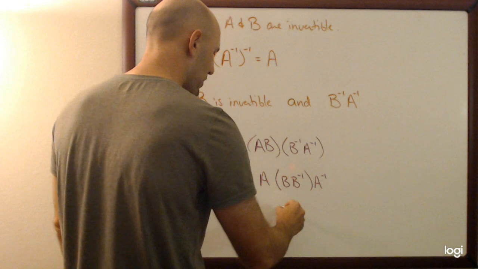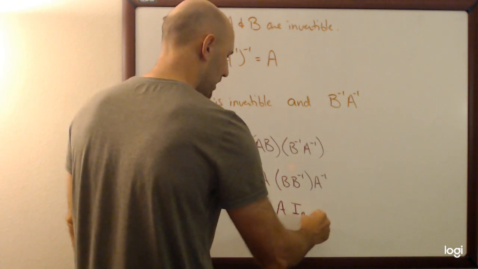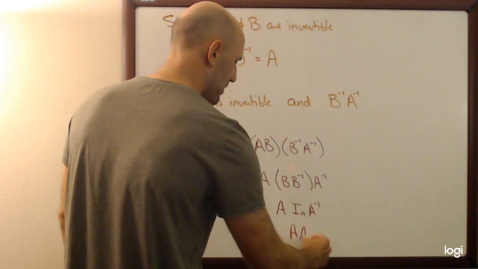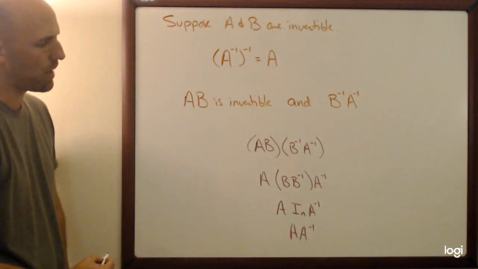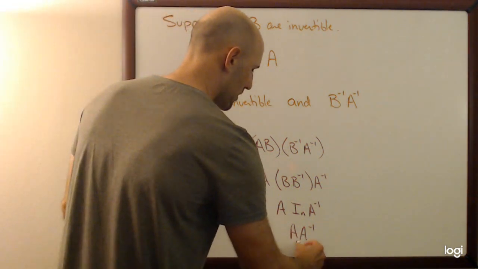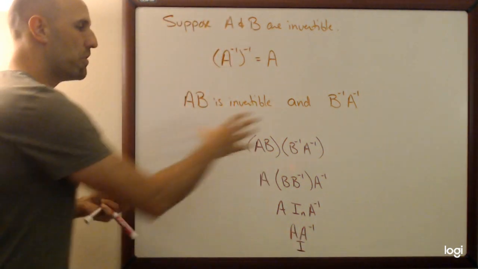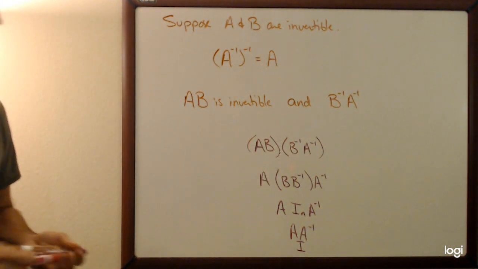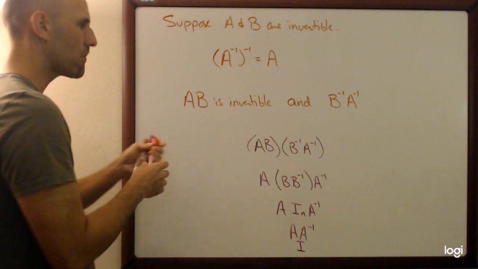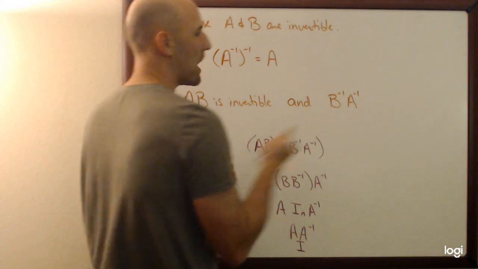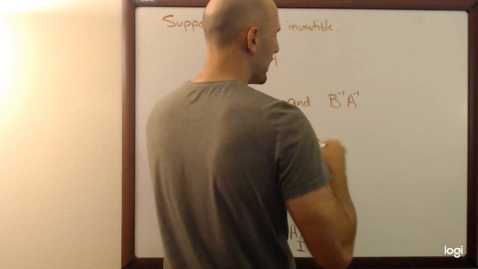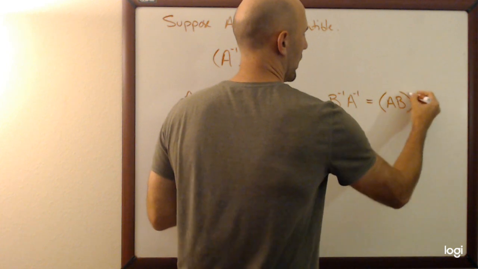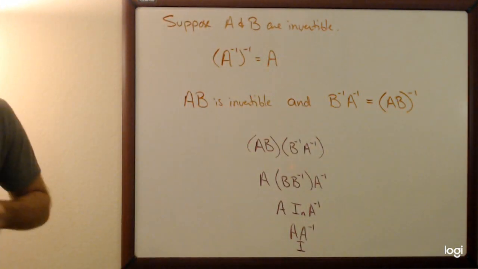B times B inverse, however, is just I. And I times either one of these matrices are themselves, which simplifies down to A times A inverse, which we know is also I. So this is the inverse for this one, right? So again, if A is invertible and B is invertible, then I know that B inverse A inverse is the inverse for AB.